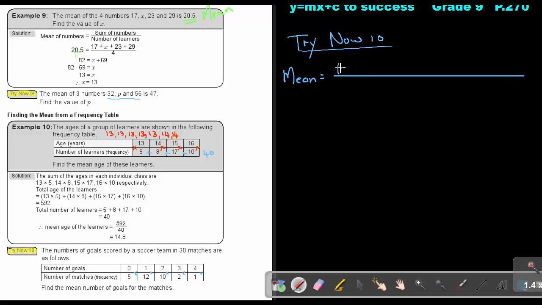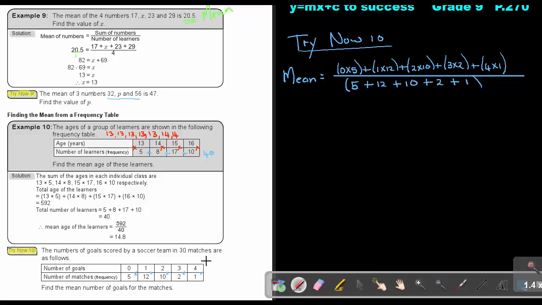So I'm going to say 0 times 5 plus 1 times 12 plus 2 times 10 plus 3 times 2 plus 4 times 1. And then I'm going to just add it up. Now remember, I could have done it in the table, but okay, because I did not do it, I'm just going to say 5 plus 12 plus 10 plus 2 plus 1.